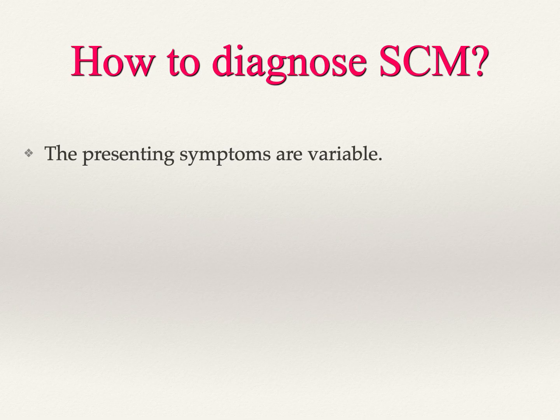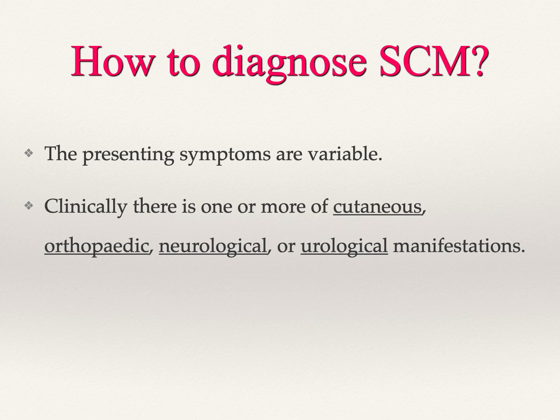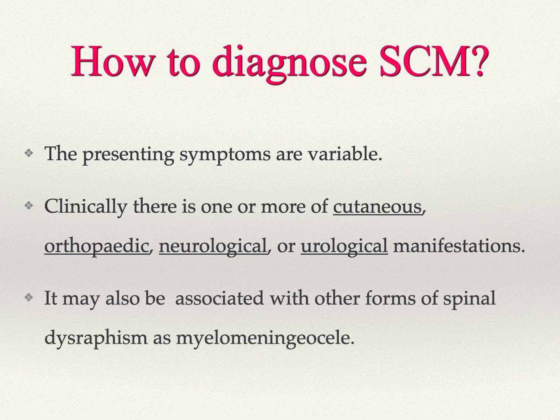We will know about these in the next slide or two, and then you do your clinical examination, and you can find a variety of signs in the form of cutaneous manifestations, orthopedic, neurological, and urological findings. You can also find associated other forms of spinal dysraphism, like myelomeningocele or a meningocele.